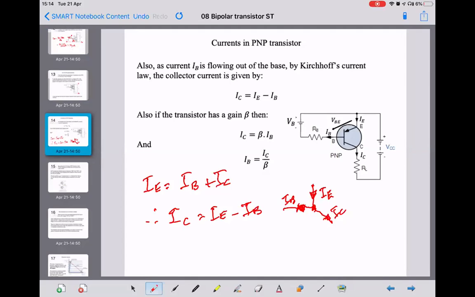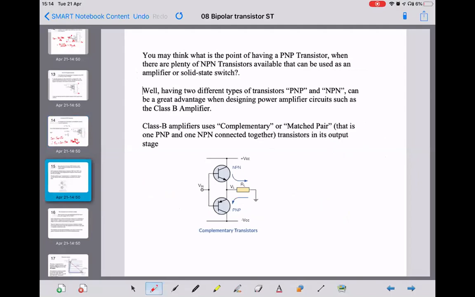So you might ask, why do we bother to have two different types, NPN and PNP? Well, there are plenty of NPN transistors available. Why have two different types? Well, it's more when you're working with it in amplifier mode that you'd want two different types. In a particular type of amplifier, maybe we'll cover it a bit later, you have an NPN matched with a PNP.